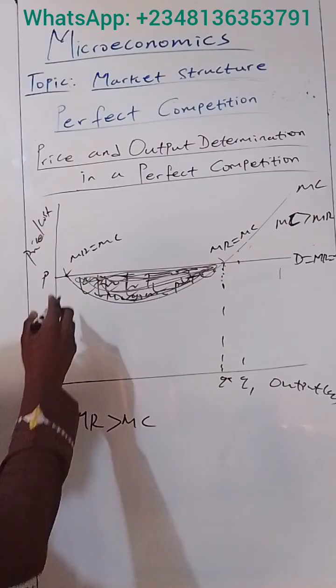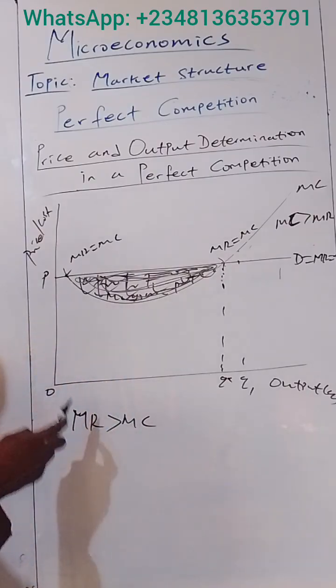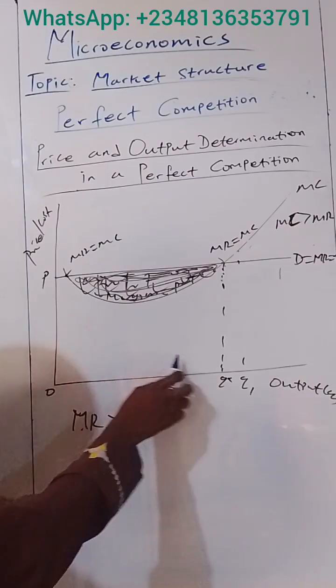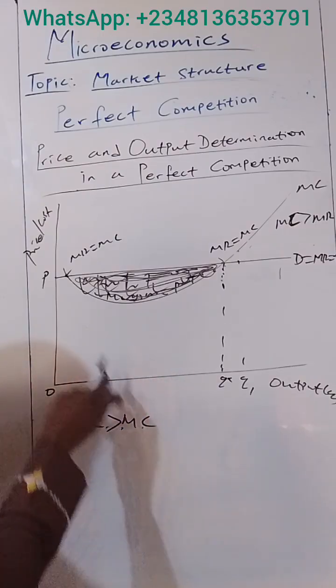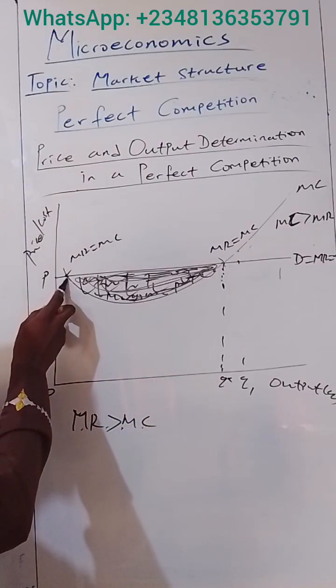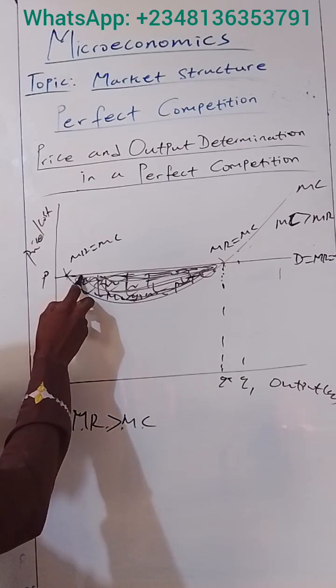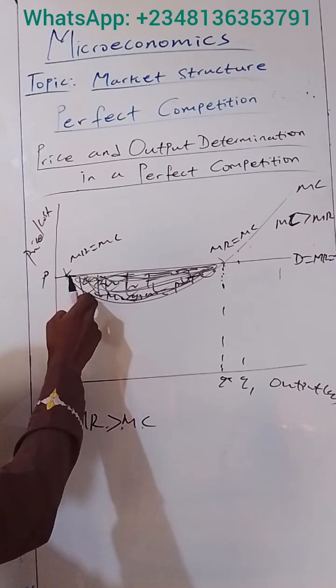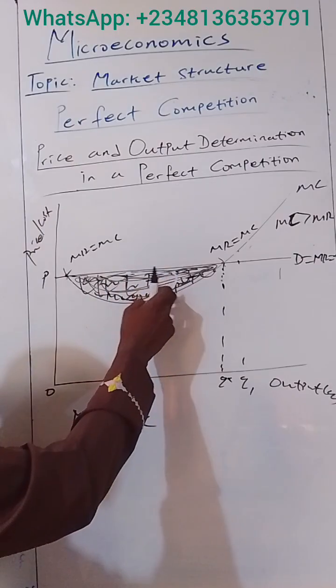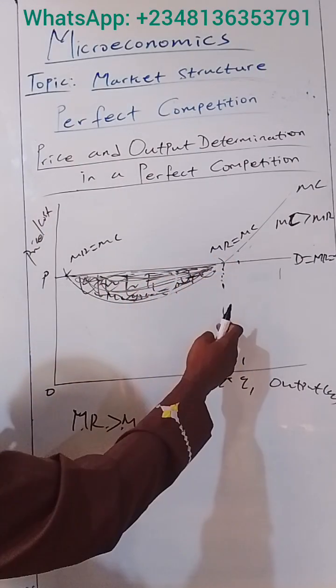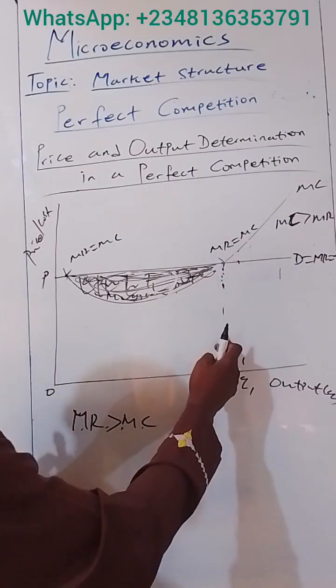For example, we see from here that marginal revenue is greater than marginal cost throughout this range, until we get to this point where marginal revenue is equal to marginal cost.